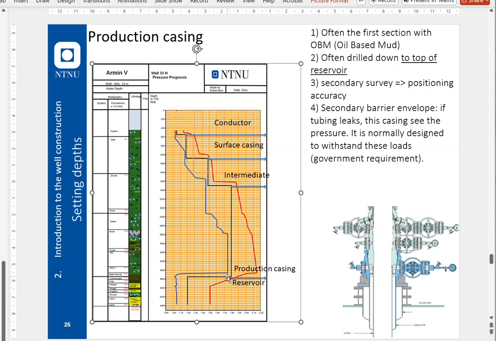What will be, call it, the next development is not a failure in the casing, but the formation will fracture at the shoe. So that's one thing we need to determine, that the casing can hold any pressures that can go on from the sections below or open from drilling.